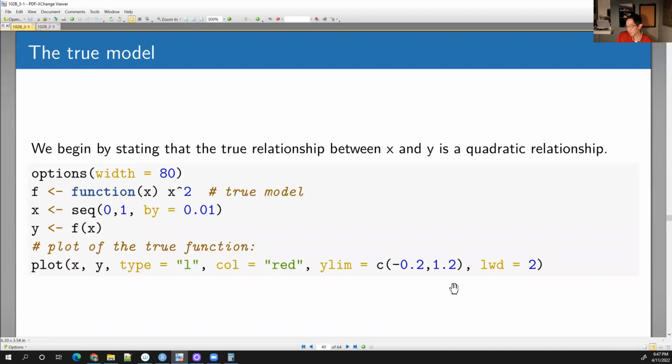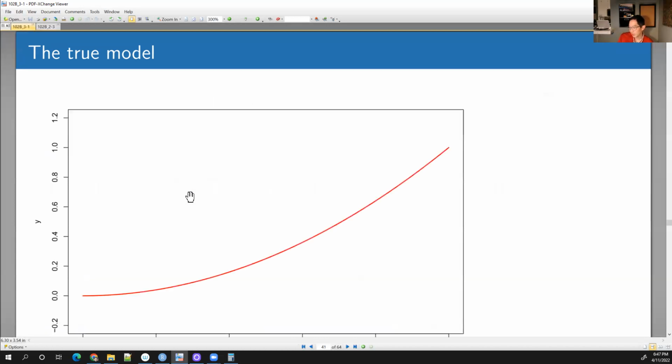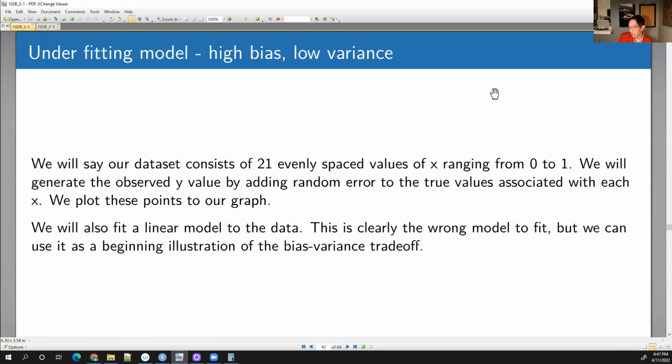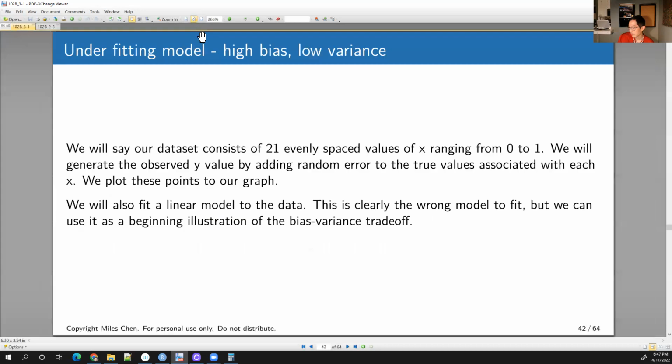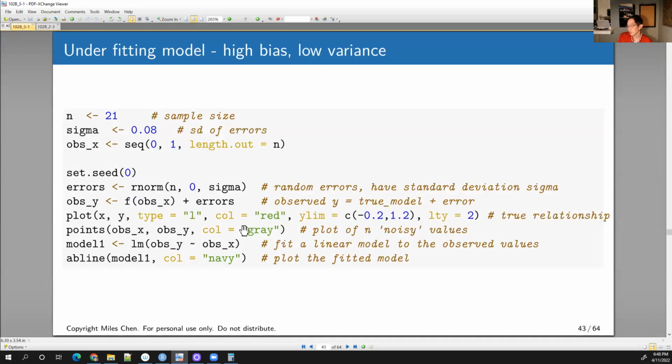The true relationship is going to be a quadratic relationship, but I'm going to add noise. So this is the true relationship, it's quadratic, but we add noise. Let's take a look at some values spaced out here, and I'm going to start by fitting a straight line.